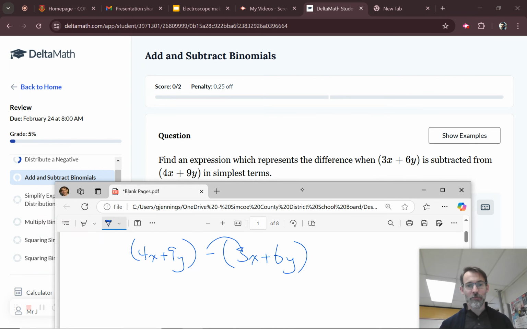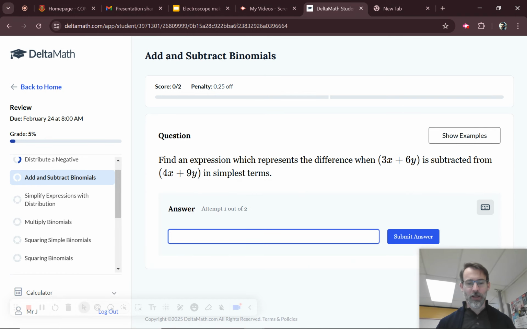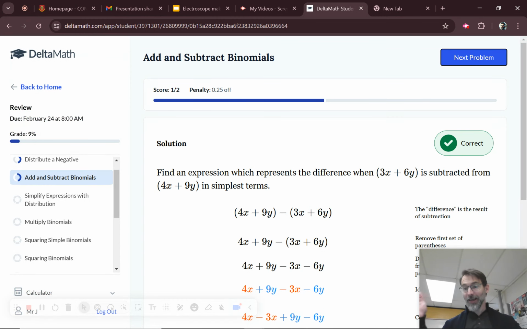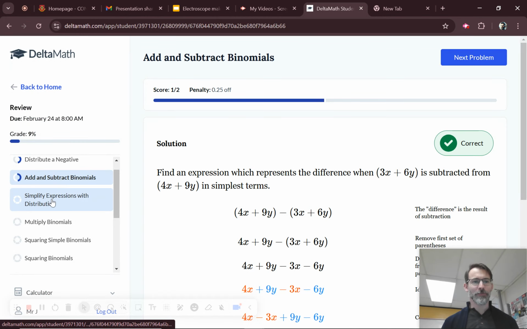I have 4x minus 3x, so that's going to give me 1x, and 9y minus positive 6y, so that will give me 3y. So I have x plus 3y. That's how that one goes.